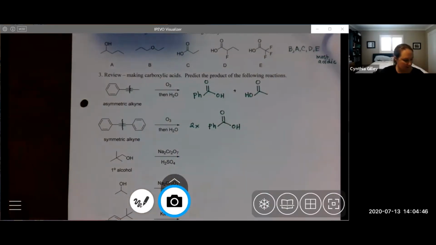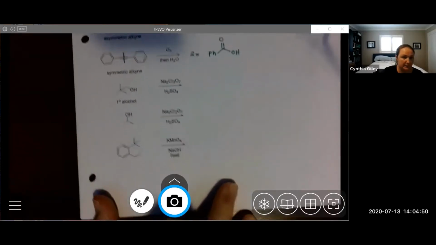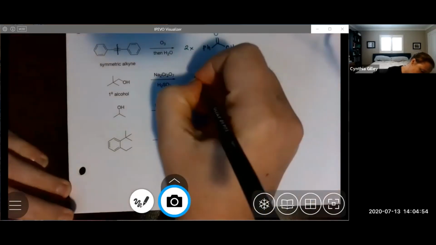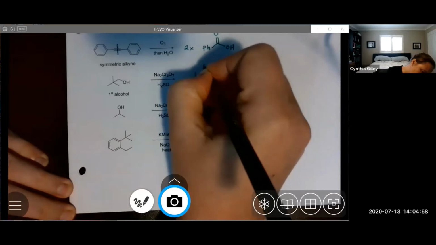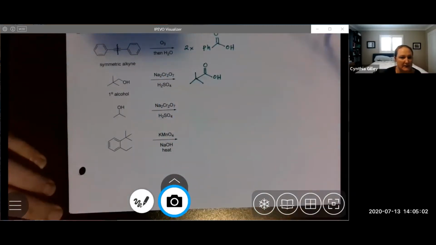And we can oxidize primary alcohols, all with sodium dichromate, and go all the way up to the carboxylic acid. Remember that it goes through an aldehyde intermediate that gets further oxidized to a carboxylic acid.